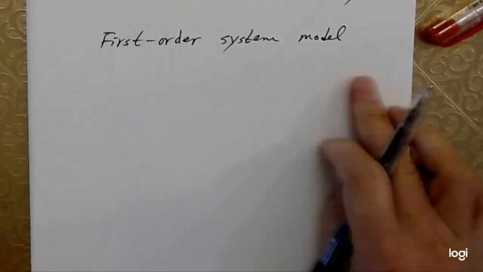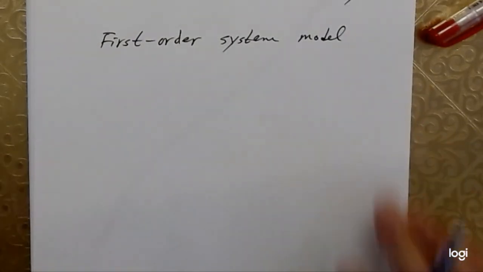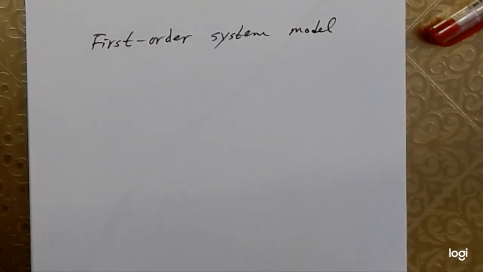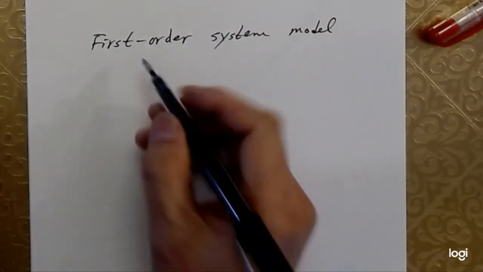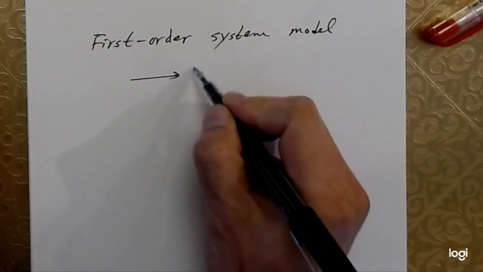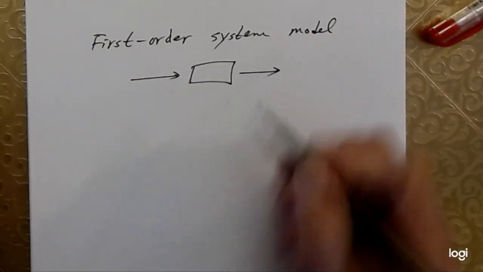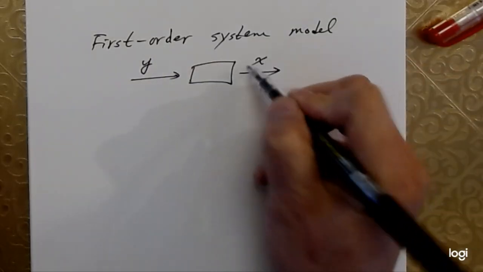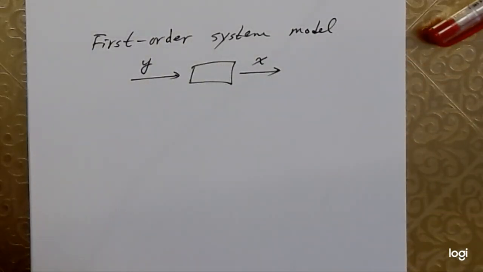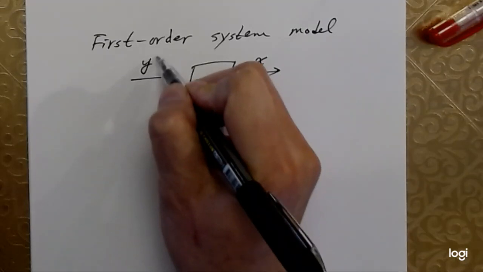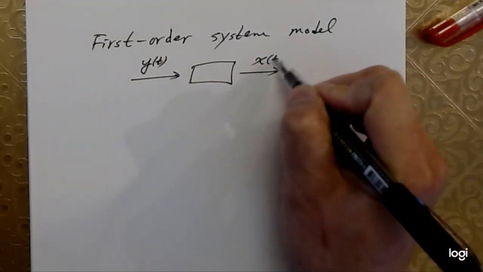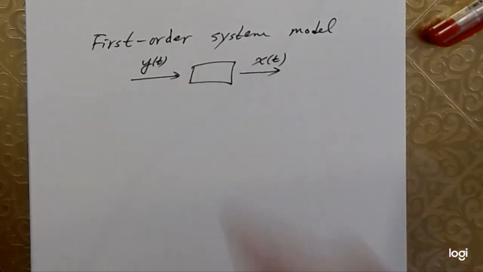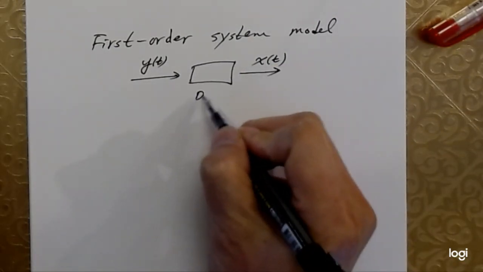System model meaning mathematical model, and like we said, when we relate the relationship, let's use the same thing, block diagram, input as y, output as x. Okay, so lowercase will represent time domain. So relating the output to the input in time domain, that's differential equations.